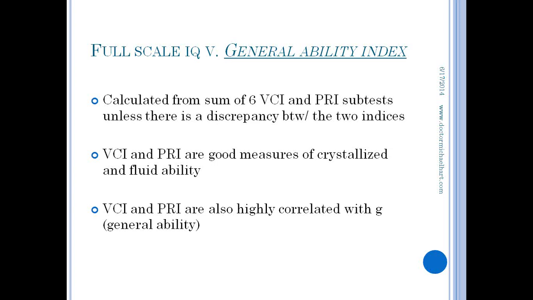Now, one question I got from a lot of parents was, what's this general ability index? It would be confusing for them because they're looking for a full-scale IQ, and instead somebody is talking about a GAI.